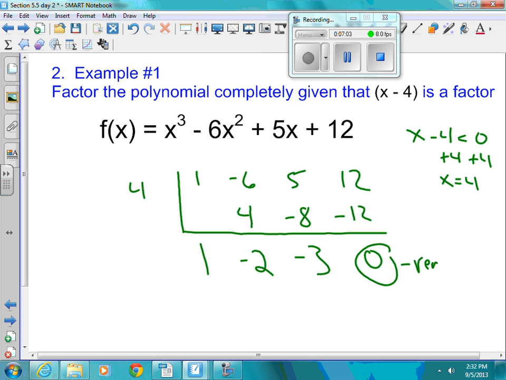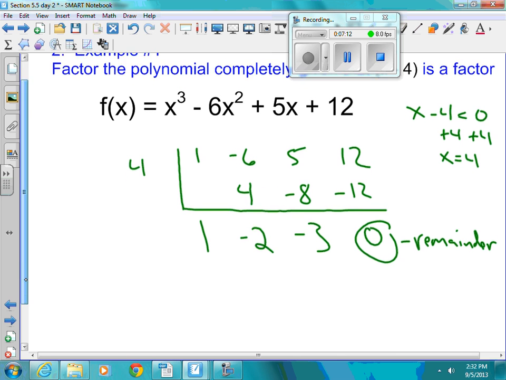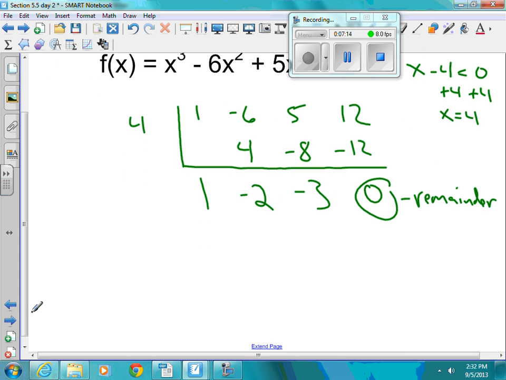The remainder is 0. That just proved, which they told us it was, that x minus 4 is a factor. If 4 is a 0, then x minus 4 is a factor. So what we've just done here, believe it or not, is started factoring this polynomial.